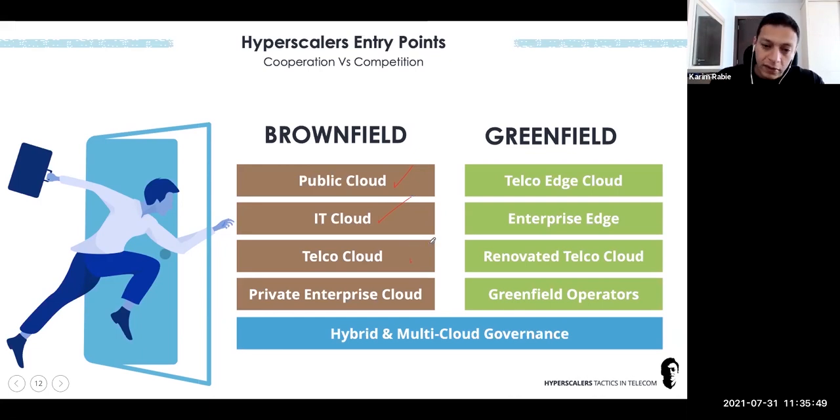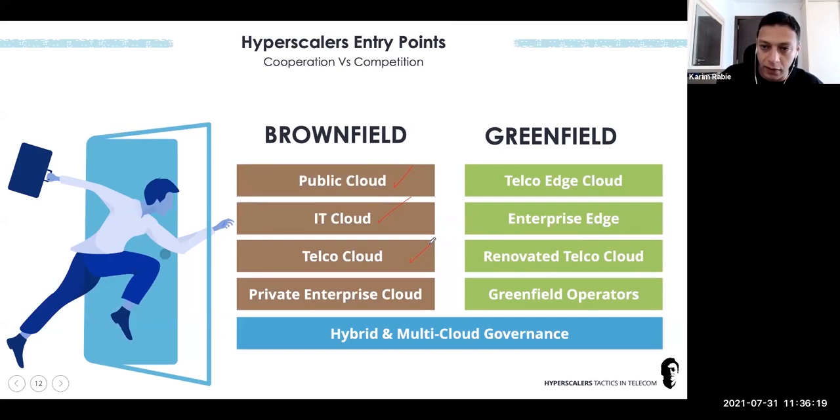Telco cloud: the existing telco cloud hosts bulky VNFs, like IMS and consumer core. The hyperscalers, I would say, are not really interested in migrating or hosting these applications. In the greenfield, they are interested in hosting the re-innovated telco cloud, the microservices, the light CNFs.